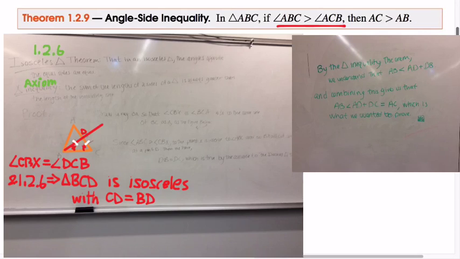And then because that was an isosceles triangle, we are able to make this neat triangle inequality argument that says, on the one hand, AC is equal to AD plus DC. By the way, how do we know that that's true?